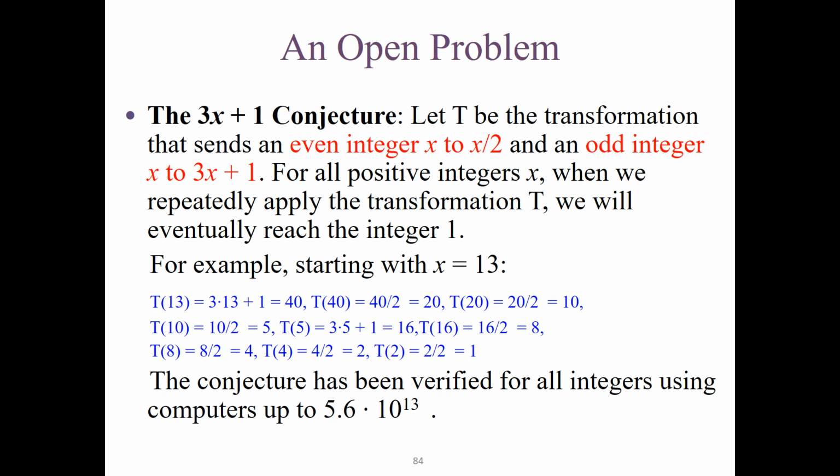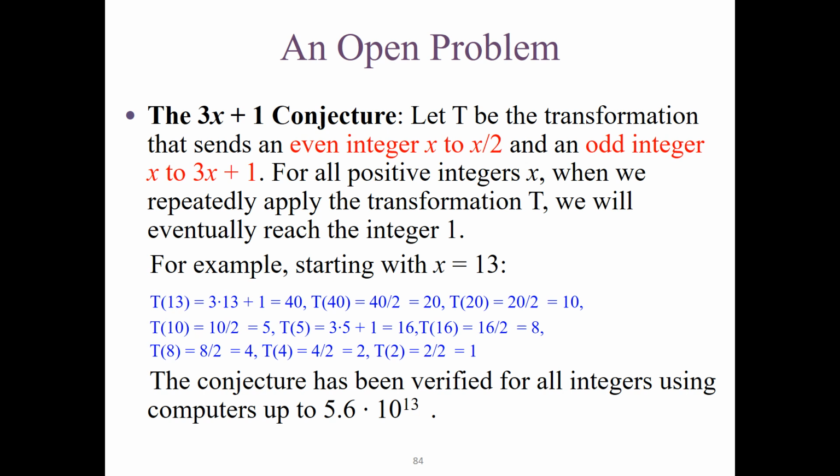Okay, so let's see this example to see what the 3x plus 1 conjecture is. Just like I said, if the number is odd, then the transformation function will do the operation 3x plus 1. So if x is 13, then we use 3 times 13 plus 1, which is 40. Then you can see 40 is even. Then we apply the other operation, x divided by 2. So 40 divided by 2 equals 20.